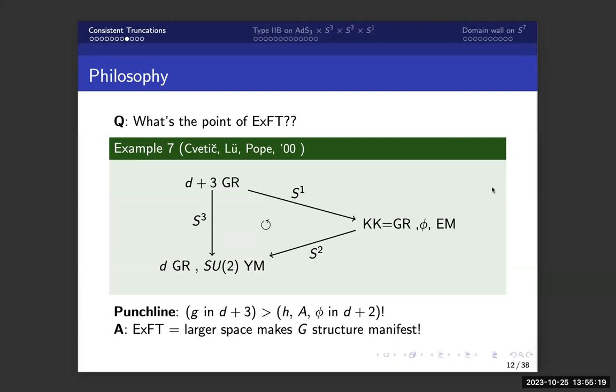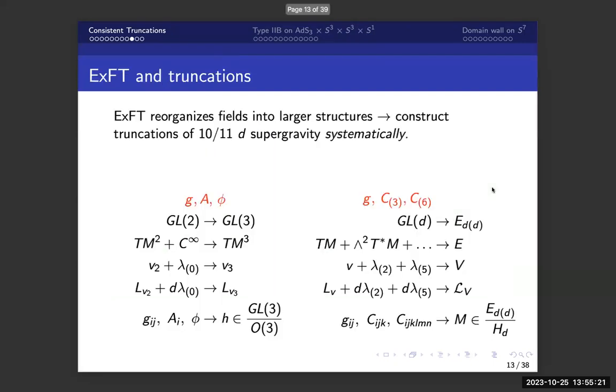So this is just a motivation. Now I'll explain in more detail how this reorganization works. Here I'd like to show what these fields get reorganized into. On the left, I have the S2 example, and here I chose 11D supergravity written in an n plus d split, where d is the internal dimension.